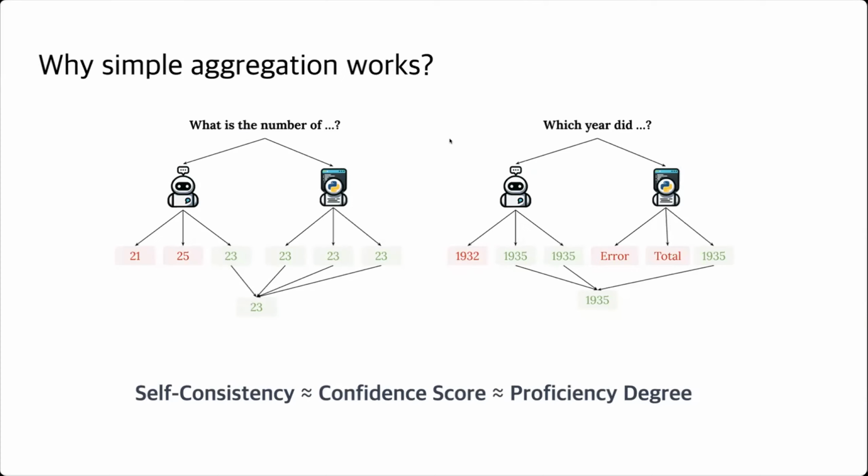This confidence score can also reflect the model's proficiency degree, or how well suited it is to solving a particular problem. So if a method is good at a specific area, such as symbolic reasoning in the context of counting rows, it is less likely to produce incorrect answers.